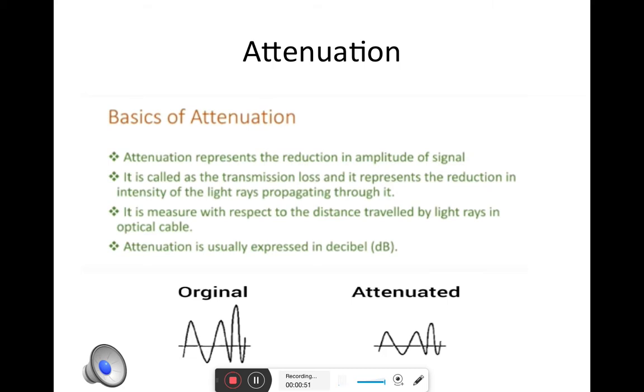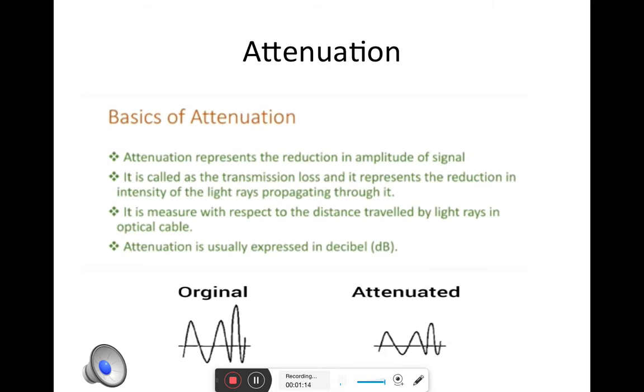You can see from the figure what happens to a signal when it is being transmitted and the effect of attenuation on a particular signal. The original signal has high peaks; in the attenuated signal, there is a change in intensity or the amplitude of the signal. So the signal gets attenuated.